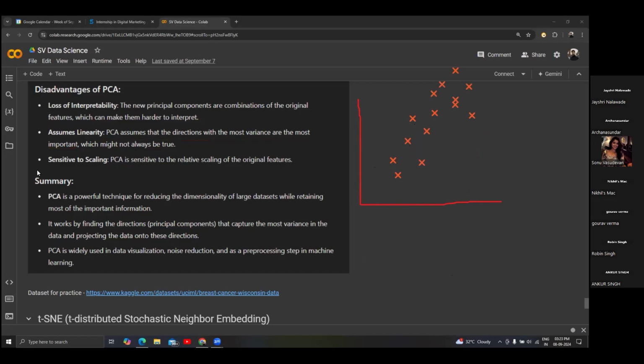You can easily make the line like this. But if it is very rounded like this, it becomes very hard to decide which one we should take.